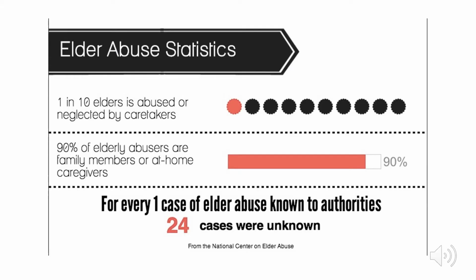Elder abuse statistics. 1 in 10 elders is abused or neglected by caretakers. 90% of elderly abusers are family members or at-home caregivers. And for every 1 case of elder abuse known to authorities, 24 cases were unknown.